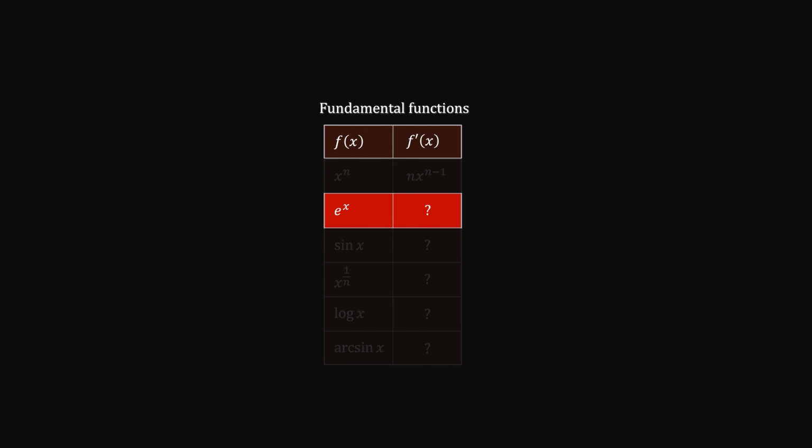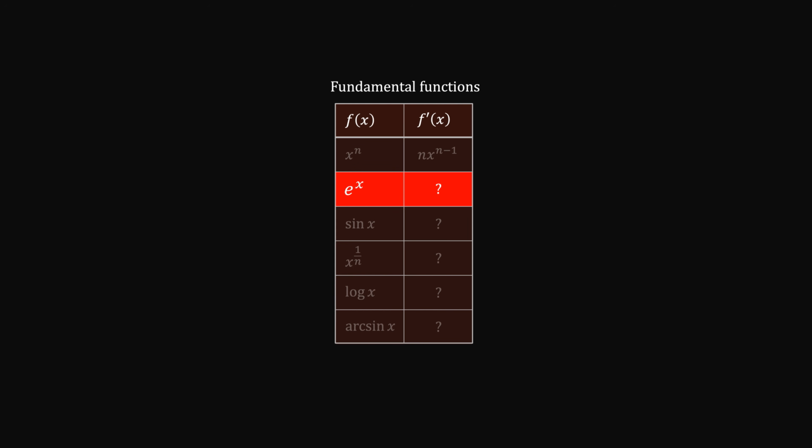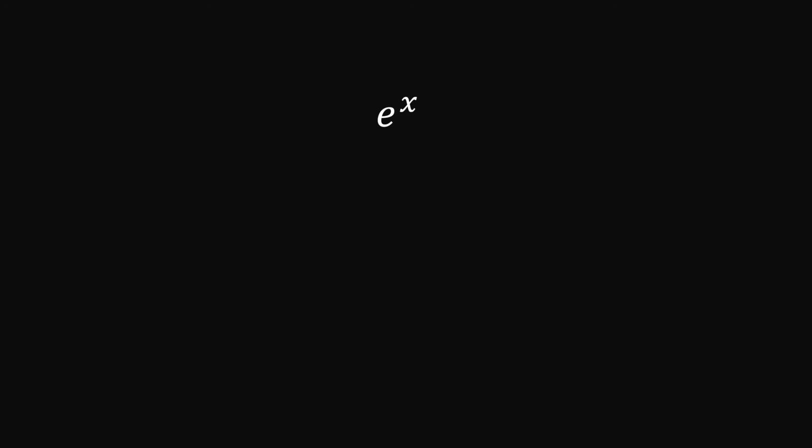Next, we will differentiate the exponential function. In this video, we will differentiate the exponential function. Before we differentiate, I should remind you that in real life, the exponential relationships we observe are rarely base e.